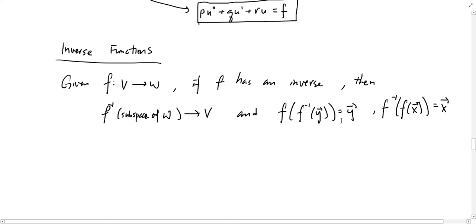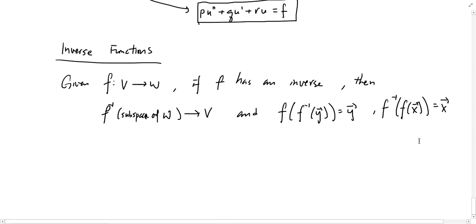But here, the domain and range could be two completely different objects, unlike algebra 2, where you have functions that go from real numbers to real numbers, so that's no concern. Here we have functions that could go from one kind of vector space to a different kind of vector space, and therefore the input and output, the x and the y, could be completely different. Therefore you have to have two separate statements for it.